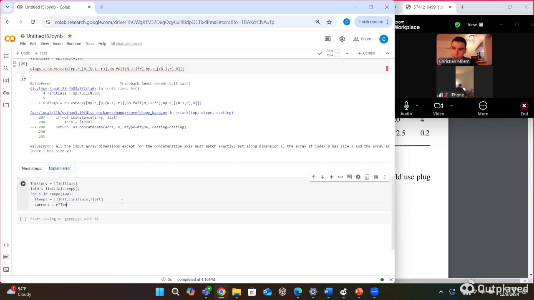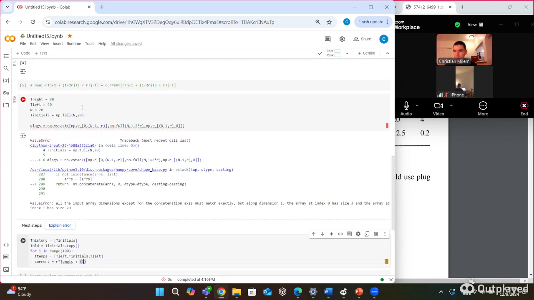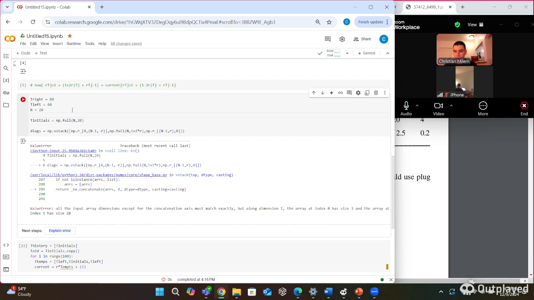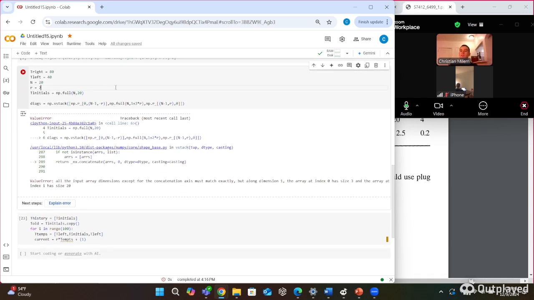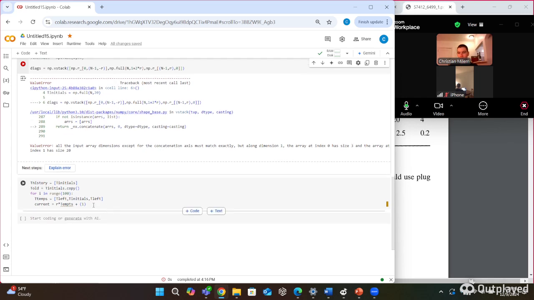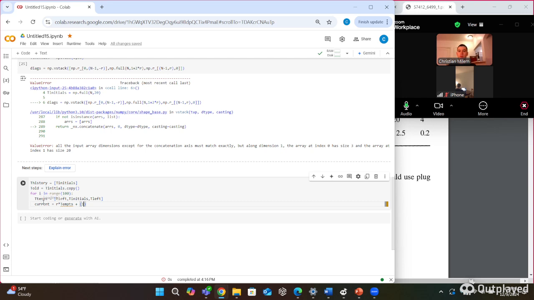That would be t temps plus 1 minus. We never stated what r was. R is going to be 2 because, again, we're trying to prove that we can successfully do this with the Crank-Nicholson equation when r is a value greater than 0.5. So minus 2 times r t temps.